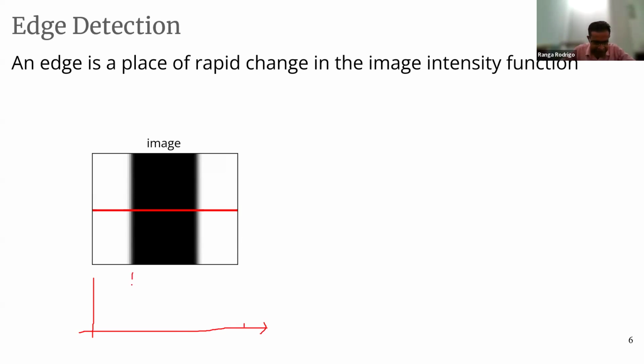Here we can see the transition from bright to dark. We also transition from bright to dark. And if I draw these intensities, you will see high values over here, low values over there, and high values over here. And this transition is not very sharp. So it will go like that, like a smooth transition from dark to bright.